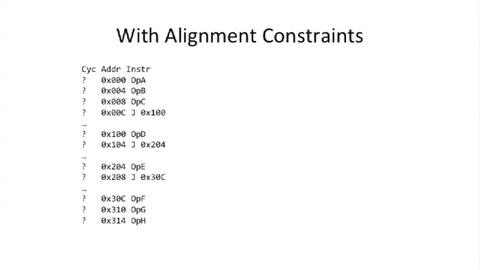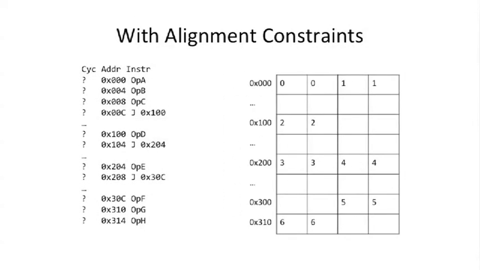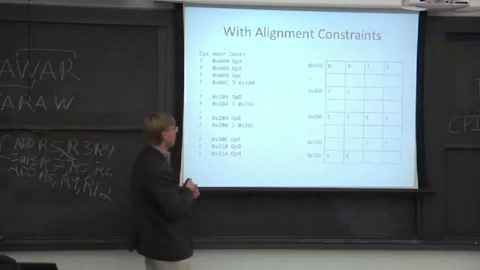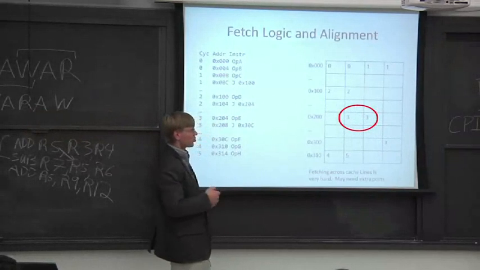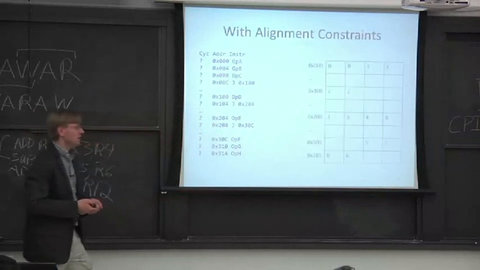Now let's look at some alignment constraints. Here's our original example, and let's look at what we could possibly try to execute here. So we're jumping. If you recall, we only use these 2 instructions from the middle of the line.